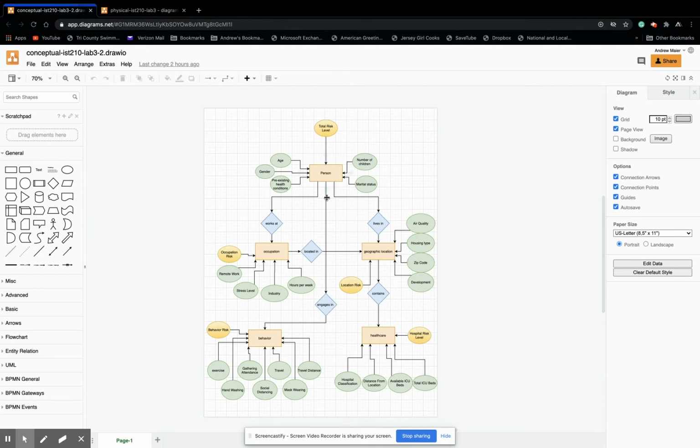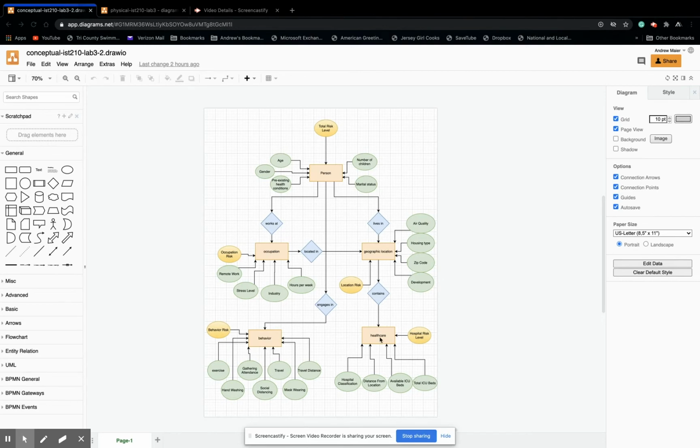And also, a person has a specific set of behaviors that they exhibit on a daily basis, and these would be answered through different questions within the web application, but there's a set of attributes that would come out of that. Jobs are located in a physical location too, so that's going to provide another set of linked information that will help us create a more accurate risk level.